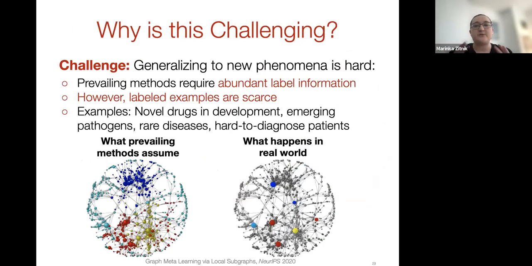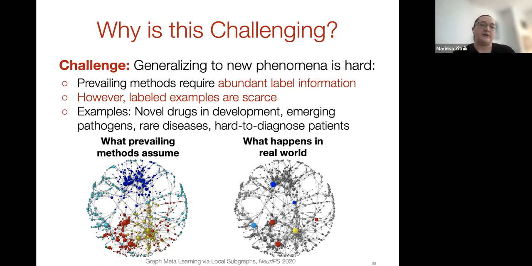Okay, so what is the core technical challenge of doing this work? Why is that not just a simple application of what we have seen in the last part of the talk? The part that is really challenging is that we were asked to make predictions for a new disease, a disease that we have never seen before, meaning that there was little or no information available about the disease.